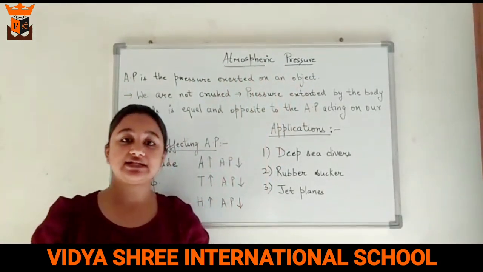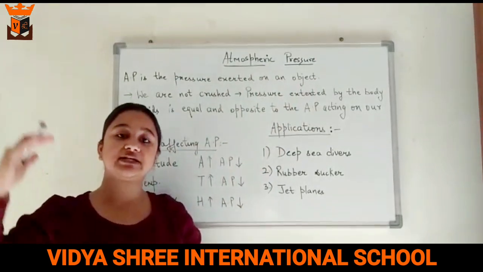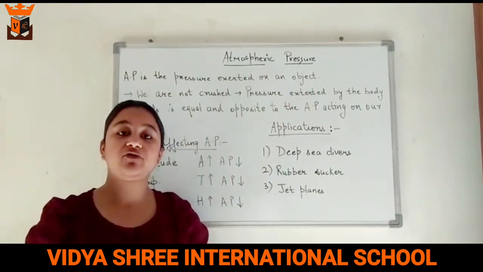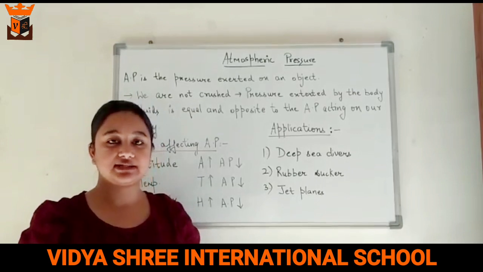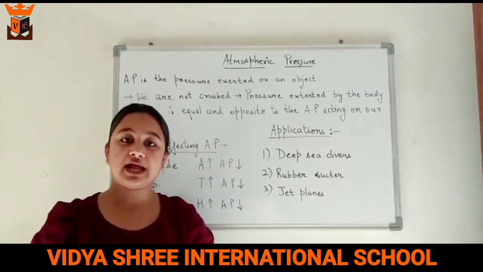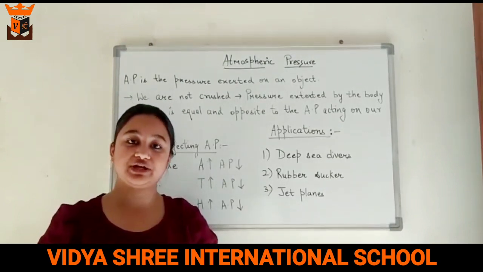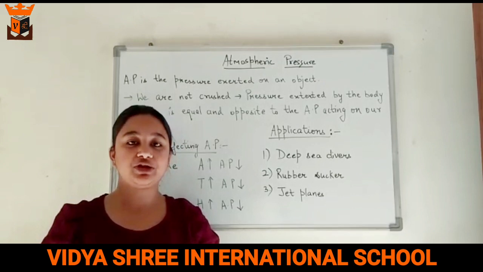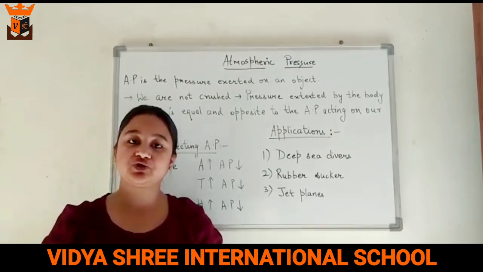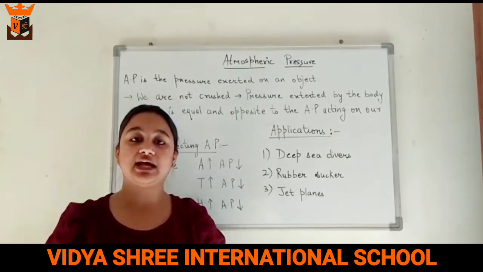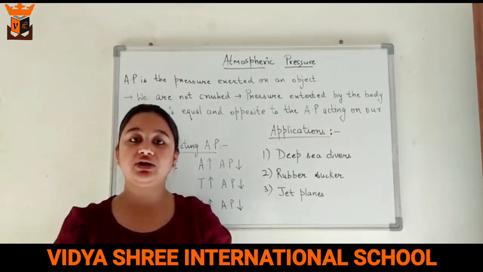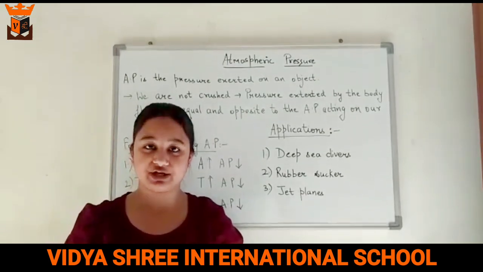Now the question arises, if the atmosphere is exerting pressure on us every time, then why are we not crushed? The answer is, there are many fluids like blood, water, lymph in our body which exert equal and opposite pressure to the atmospheric pressure, due to which the effects of each other are cancelled out, and that is the reason that we are not crushed under the atmospheric pressure.